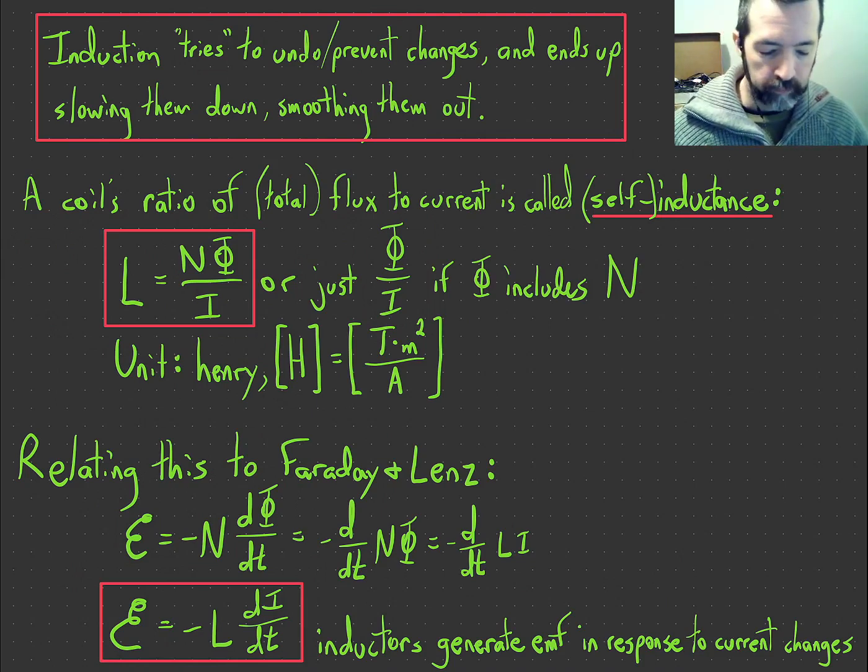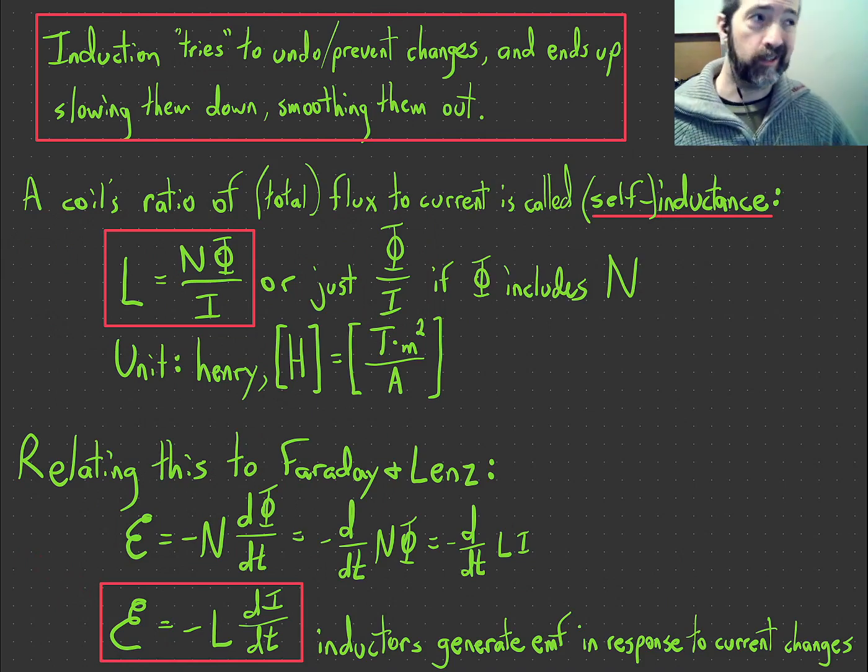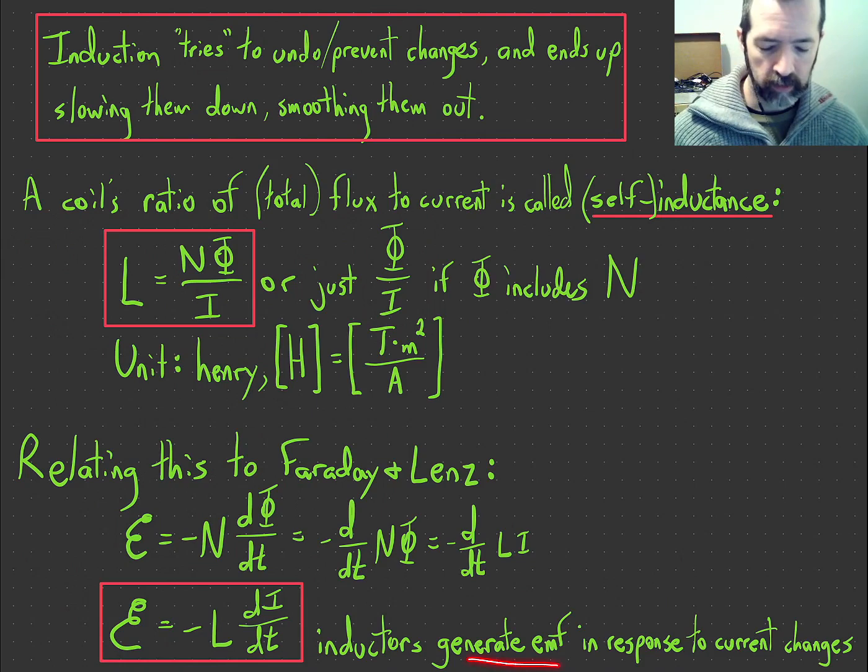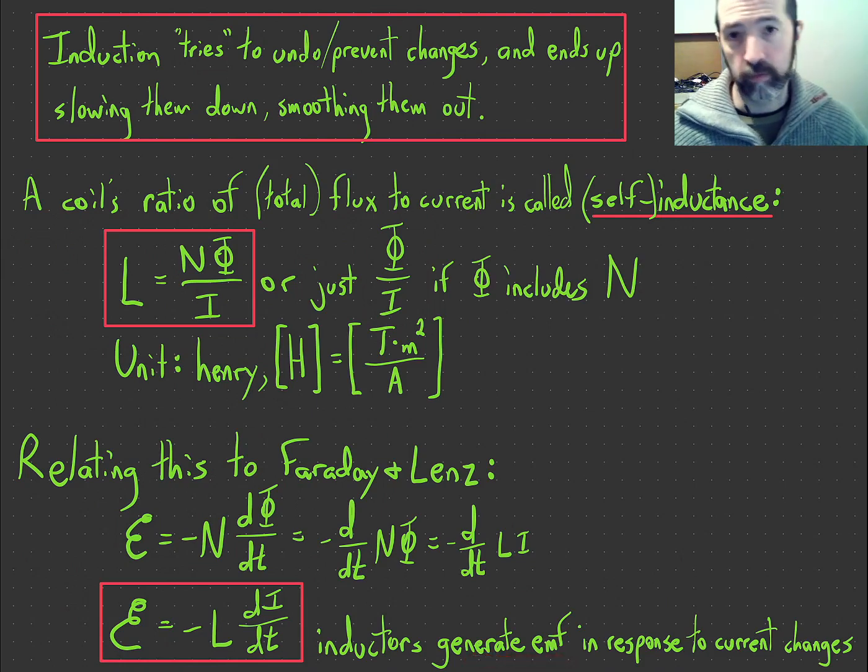So what this bottom equation here is saying is that if you have an inductor in your circuit, and again, an inductor is basically like any coil or loop of wire, it will generate EMF in response to any change in the current level.